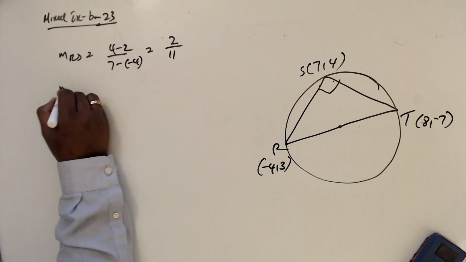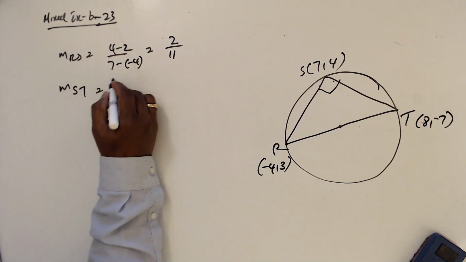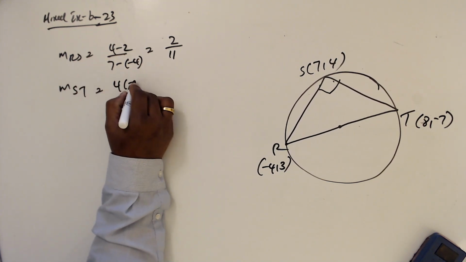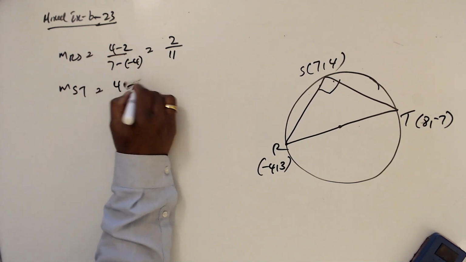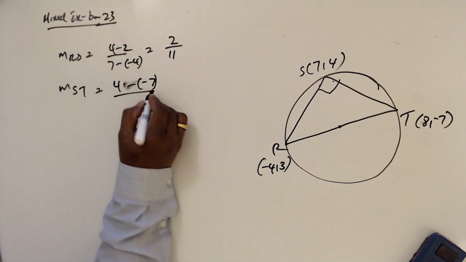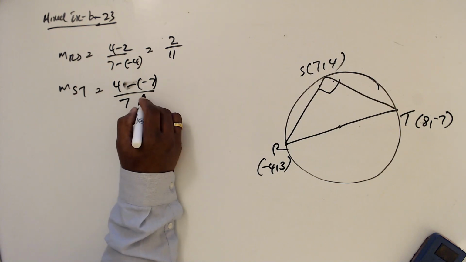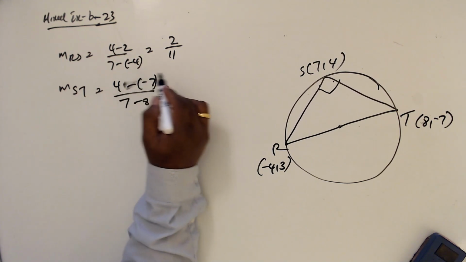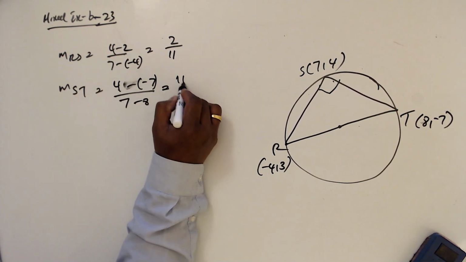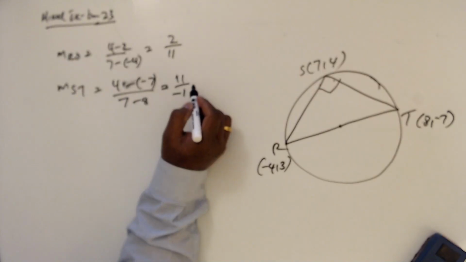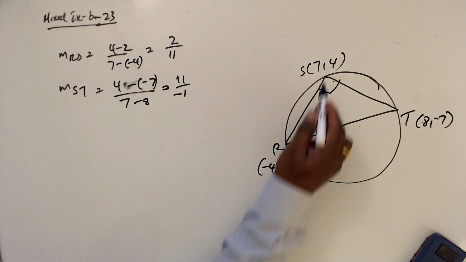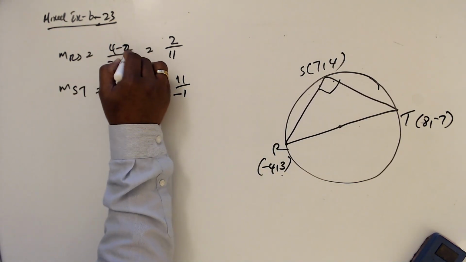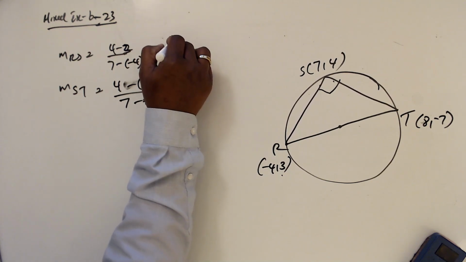And gradient of ST is 4 minus 7 over 7 minus 8. So this is going to be 11 over minus 1. So this is 4 minus 3 actually, I put this one, so this is 1.